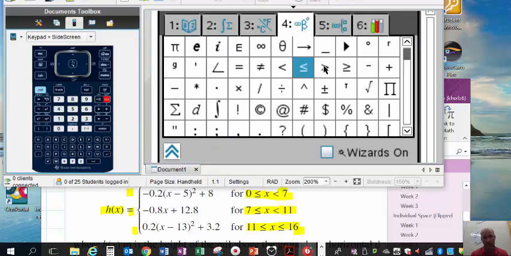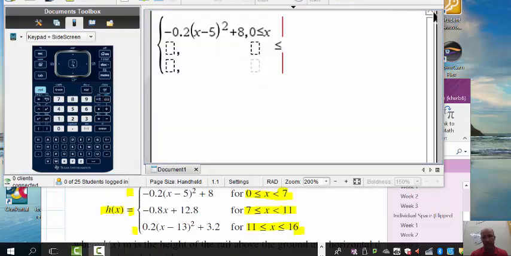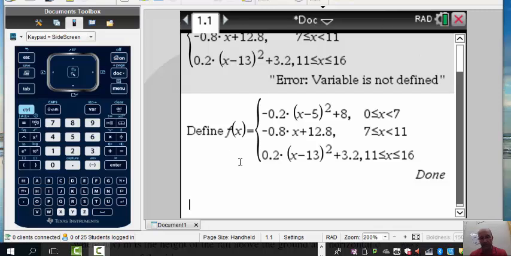Just to save time I've entered all the rest of that in.